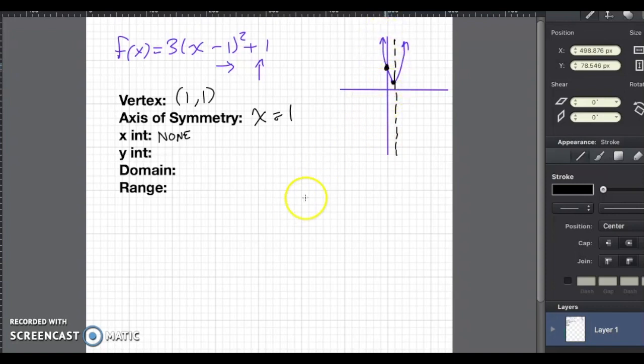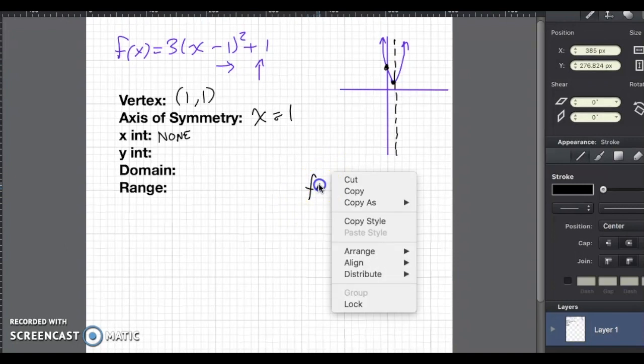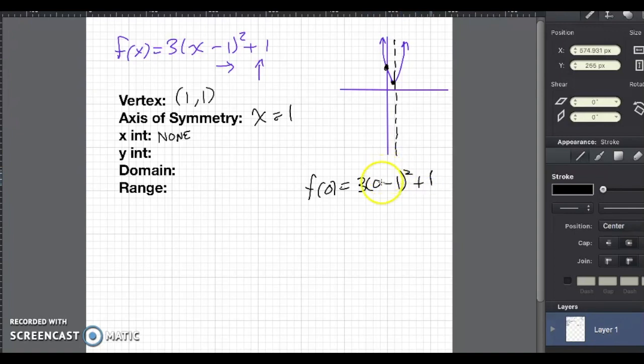So I want f of 0. So I plug in 3(0 - 1)^2 + 1. And again, I just inputted a 0 into our function here, or substituted in, however you want to put it.